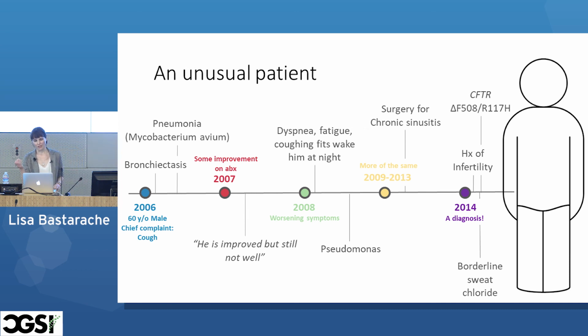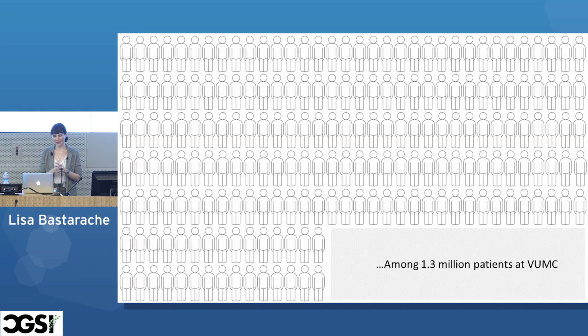So when I present this case to doctors, which I've done a couple of times, they usually feel a bit horrified that somebody didn't say Pseudomonas, bronchiectasis. I mean, how did somebody miss this, right? Which is why I made these slides, because I think that we have to, before we get judgmental about this, recognize that this is one patient among 1.3 million at Vanderbilt.